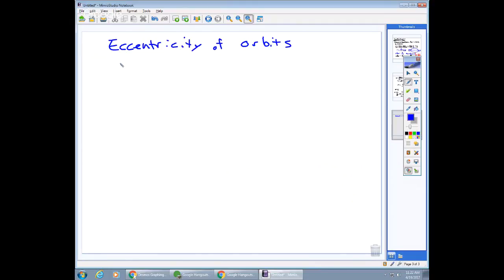So important things are initial velocity. So usually we call that v sub 0. So we have to have the velocity at some moment, okay? And whatever moment we decide to look at. Other things that are important are also the distance we measure that velocity from. So we'll call that initial radius.